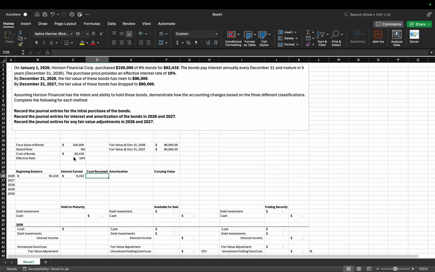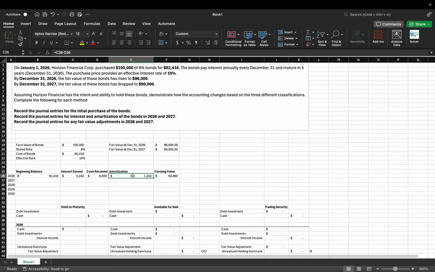Cash received is the coupon payments, and for this we're going to be using the face value of the bond times the stated rate. Our amortization is the interest earned minus the cash received, and our carrying value, our ending balance, will be the beginning balance plus our amortization.